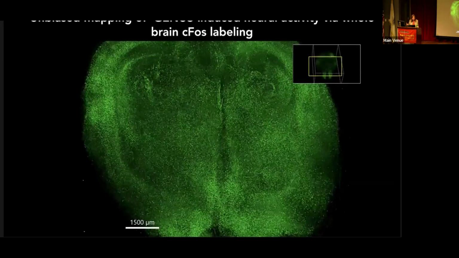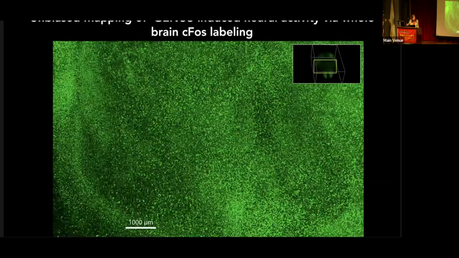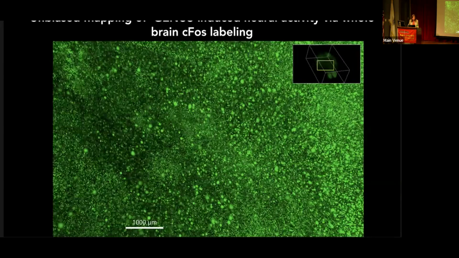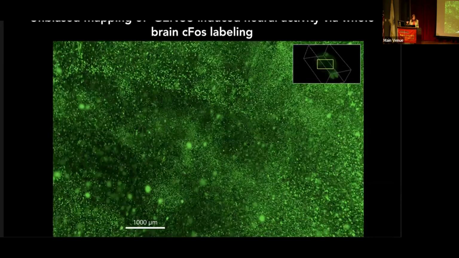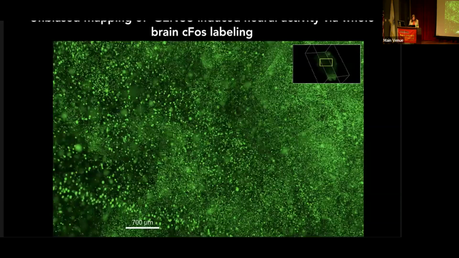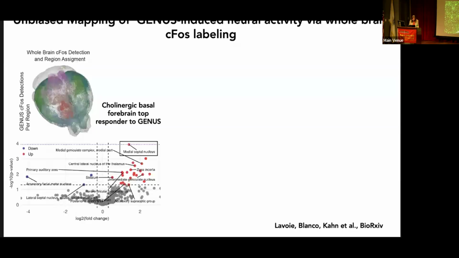The brain was cleared using the CLARITY-SWITCH process, and then we used light sheet microscopy to look at the whole brain c-Fos distribution. And of course, a lot of computational analysis, segmentation of brain regions according to the Allen Reference Brain Atlas.